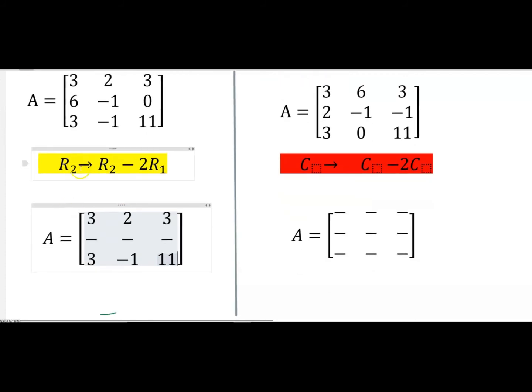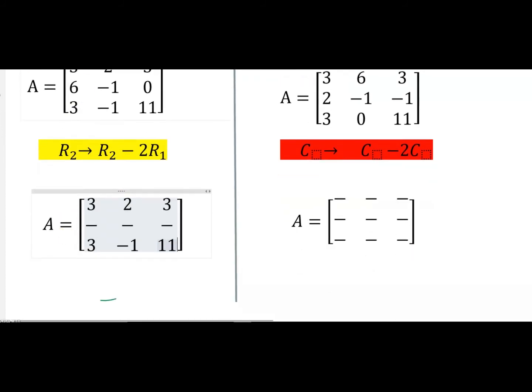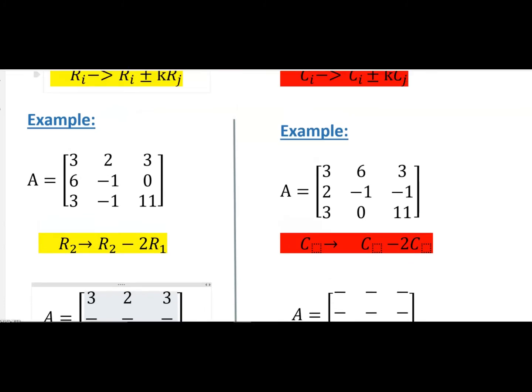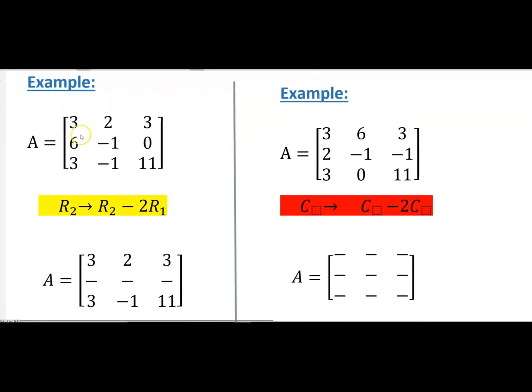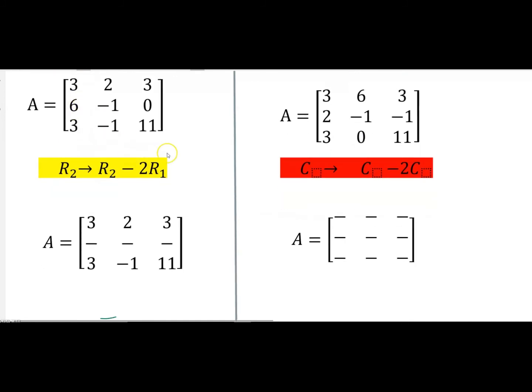What is this? R2. As I can write here, what is the first element of R2? That is 6, right? So I can write here 6 minus, according to this, 2, and what is the first element of R1?